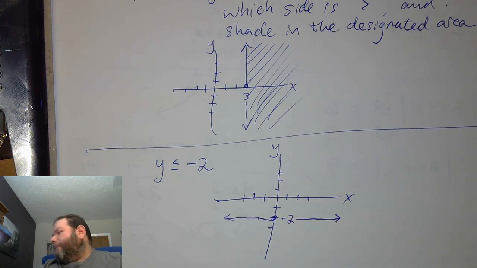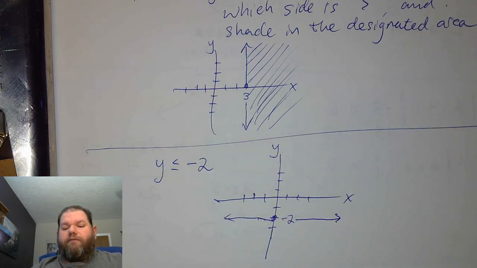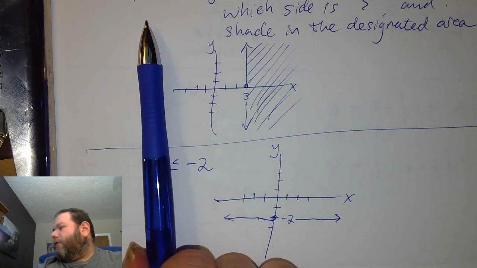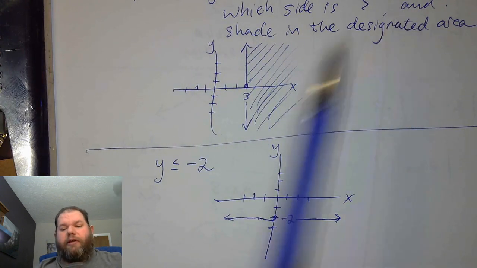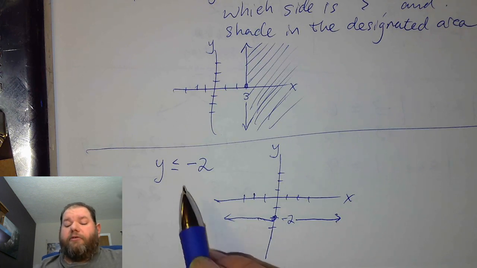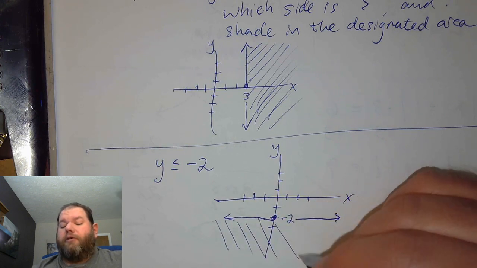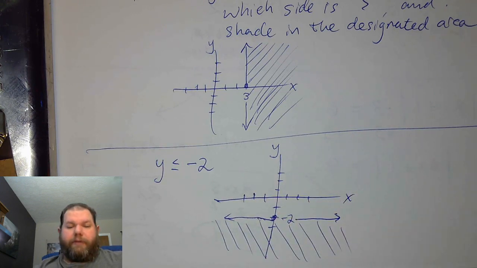Now when we look at the y function being less than or greater than, for y we always look at the top being greater than and the bottom being less than. For x it's always less than to the left, greater than to the right. So x is always like a horizontal measure and y is a vertical measure, is what it amounts to. And so when we say y is less than or equal to negative 2, less than would be everything below the negative 2 on the y-axis.